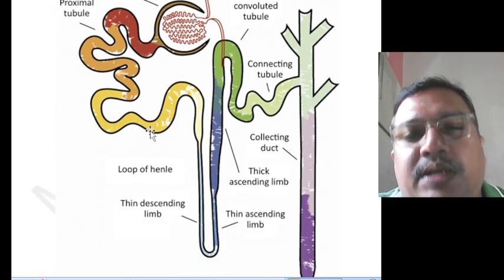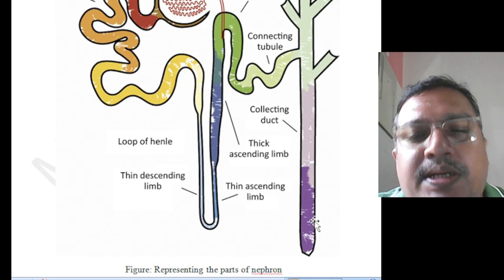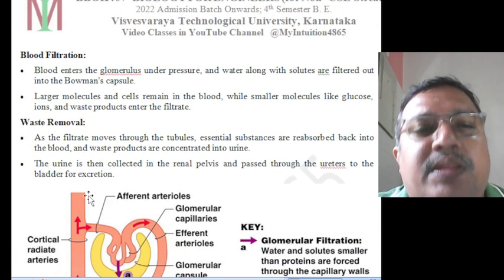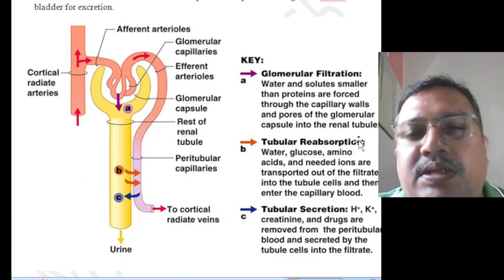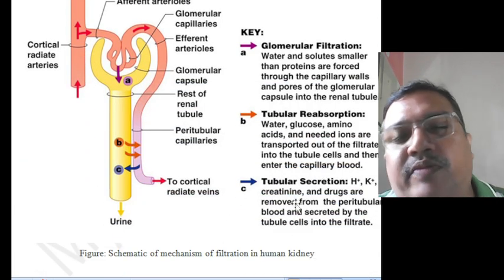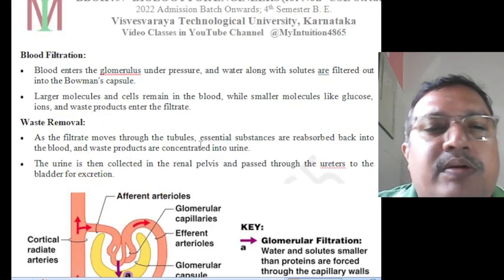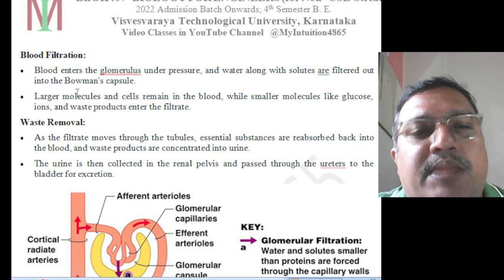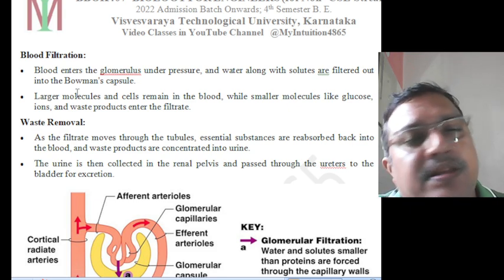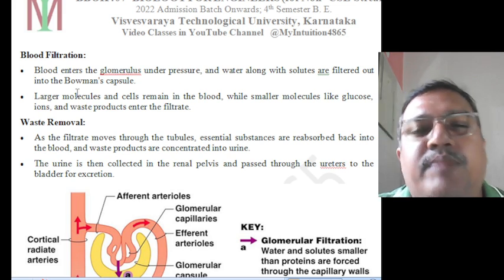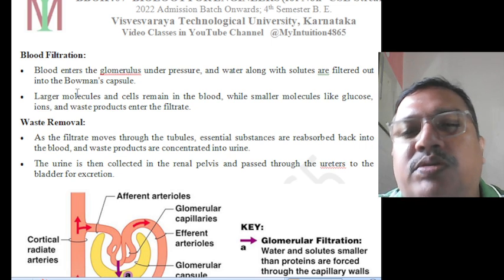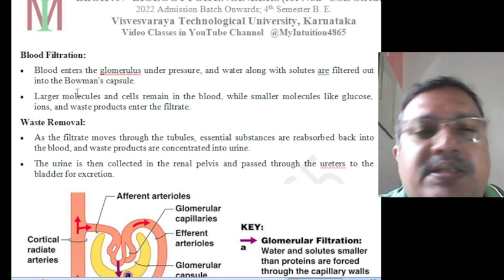So, how does that functioning work? That's also represented in this image. The blood filtration process is mentioned in this particular image: the mechanism of filtration of the human kidney. Initially, the blood enters the glomerulus under blood pressure, and the water along with the solutes is filtered out into the Bowman's capsule.